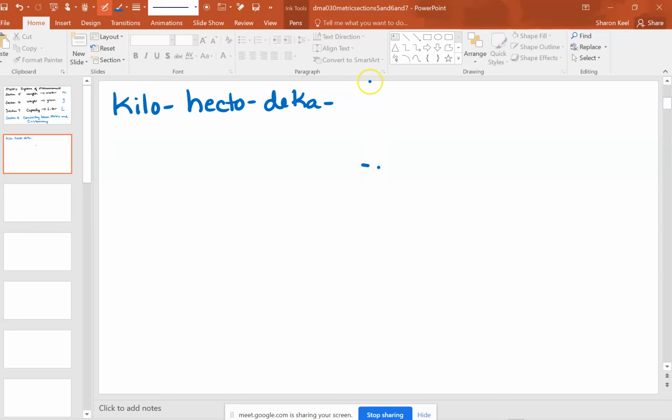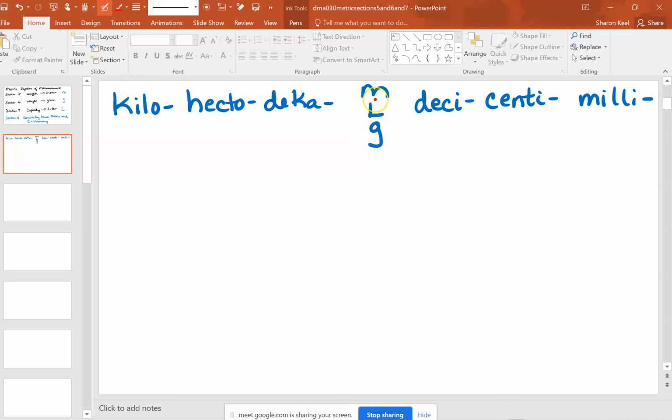The unit itself is either going to be the meter, the liter, or the gram. That's the unit. Then we have deci, centi, milli. Okay? I want to show you the value of each of these.